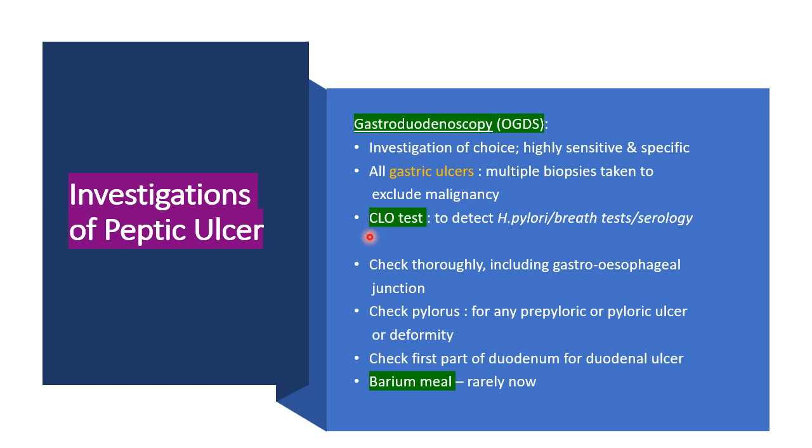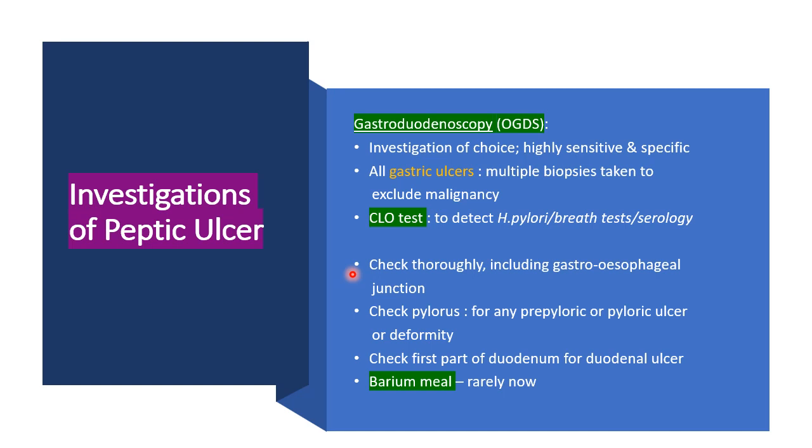The test that can be done during OGDS is the urease test to detect H. pylori. Other tests can be done before the scope, such as a breath test or serological test.